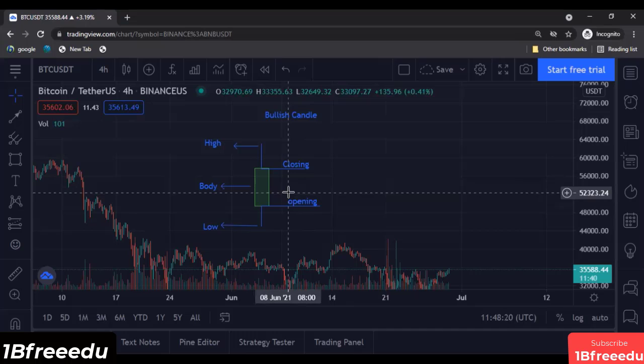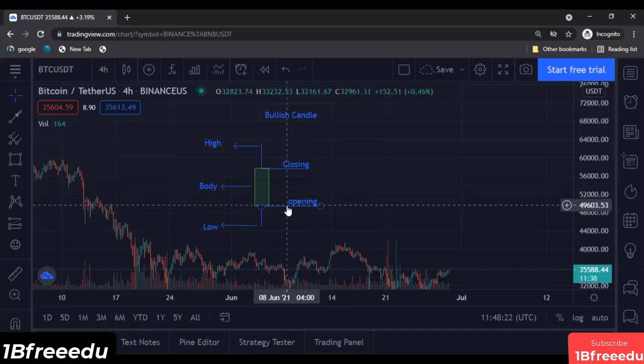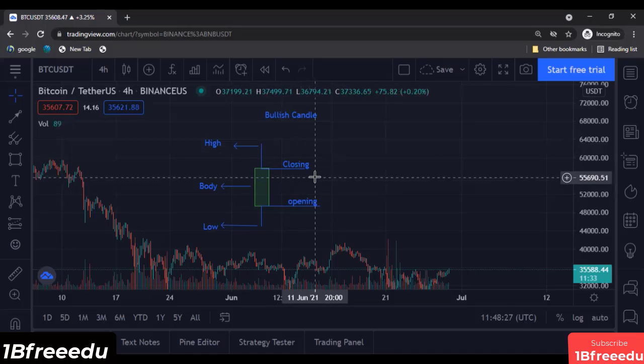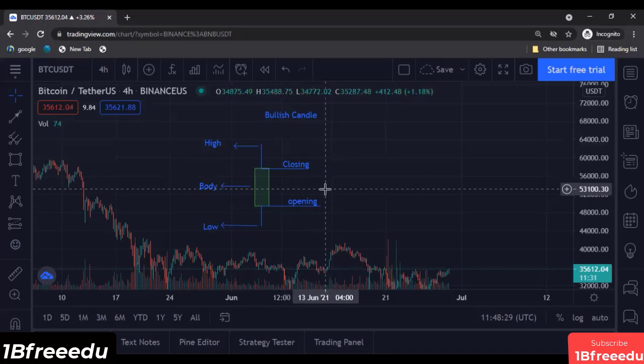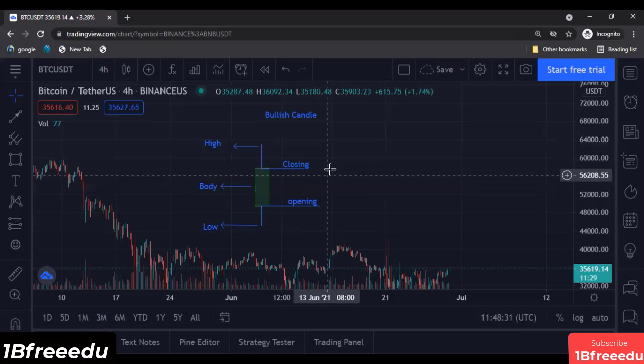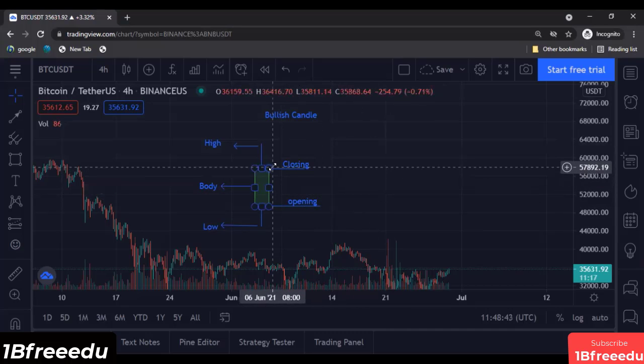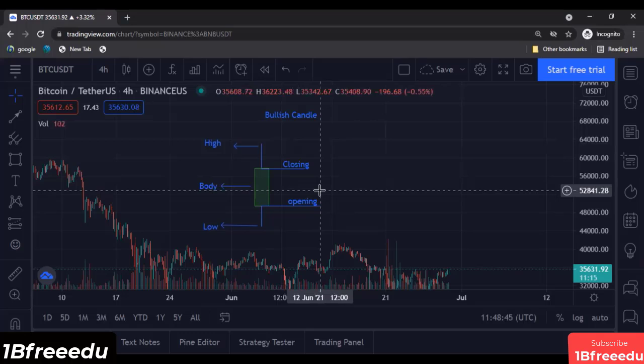If you want to understand the psyche, the candle shows us whether the bulls were active during this phase or the bears. As this candle is a bullish candle, it shows us that the bulls were more active than the bears, and so they kept getting their funds inside the market, and the prices surged. So the candle represents the tug of war, or the competition, between the bulls and the bears.